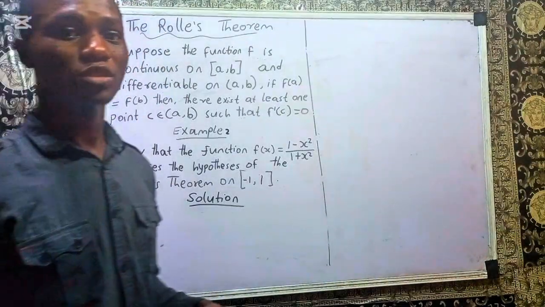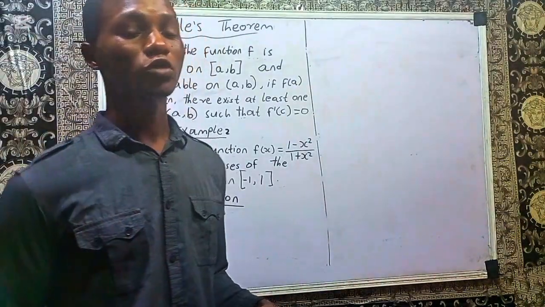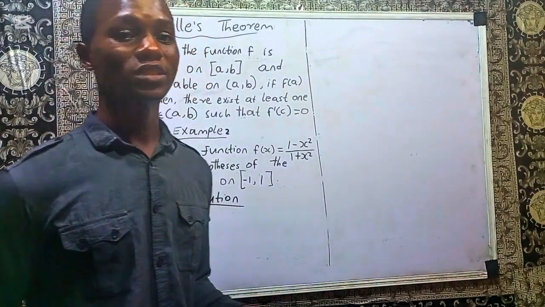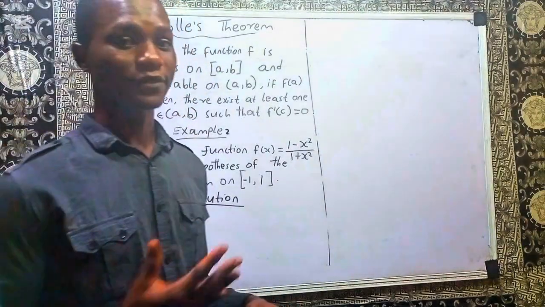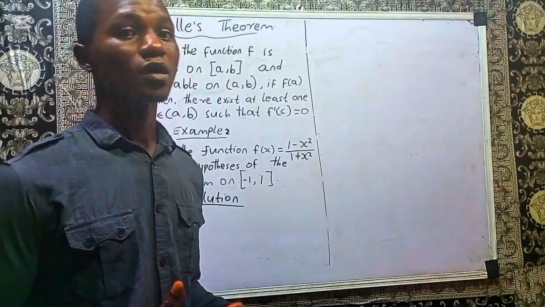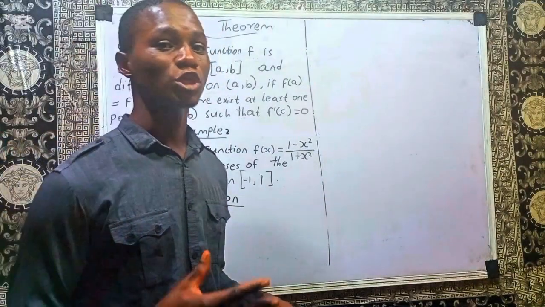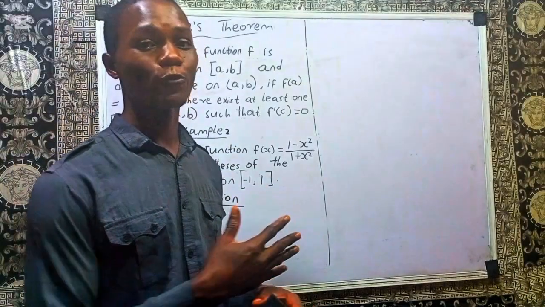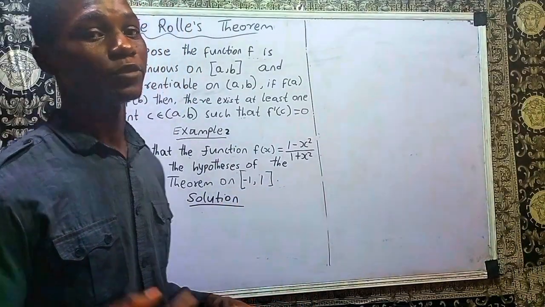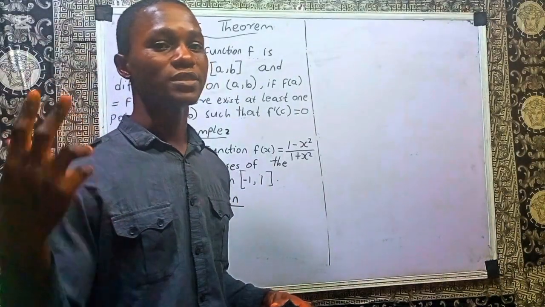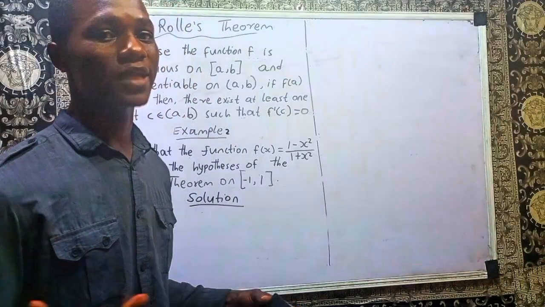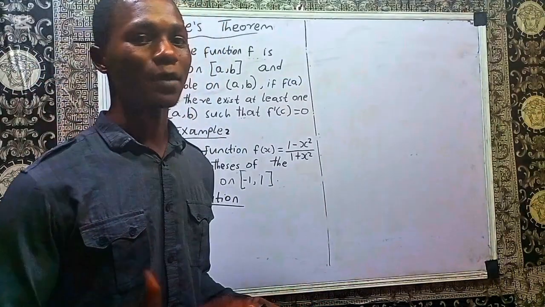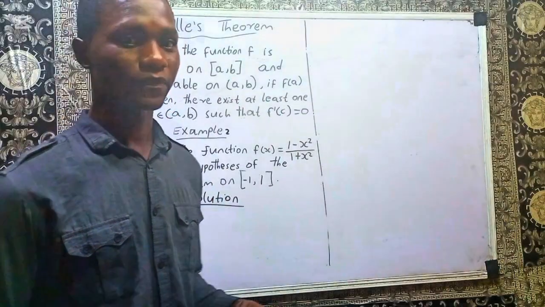Suppose we have a function f which is continuous on a closed and bounded interval, and that function is differentiable on the open interval, and if the values of the function at the endpoints of the interval are equal, then you can find at least one point c inside the open interval such that the derivative of the function at that point c will give you 0.